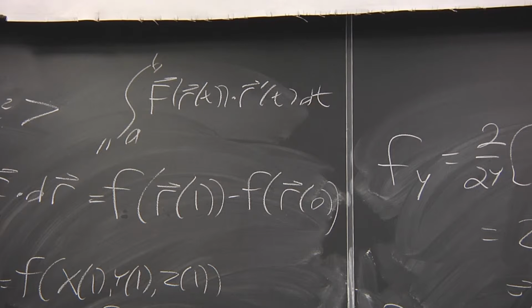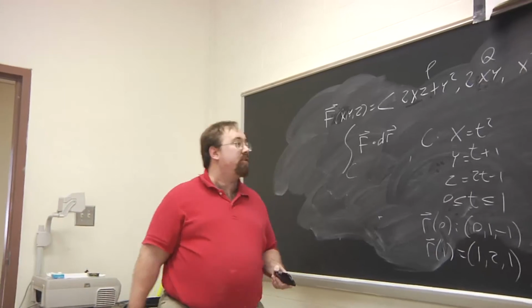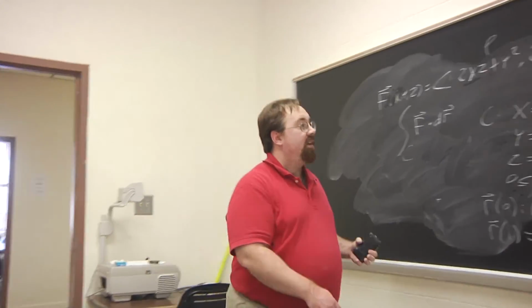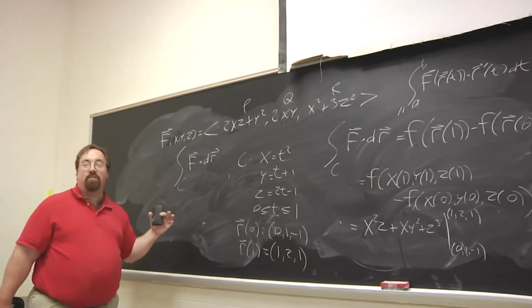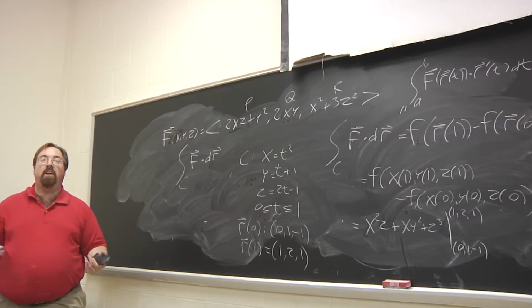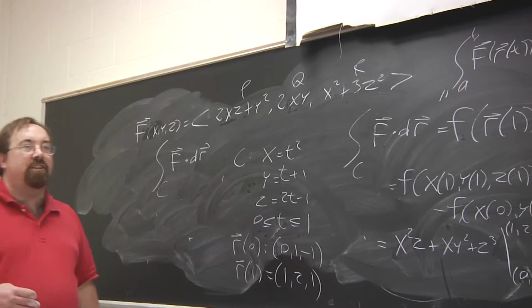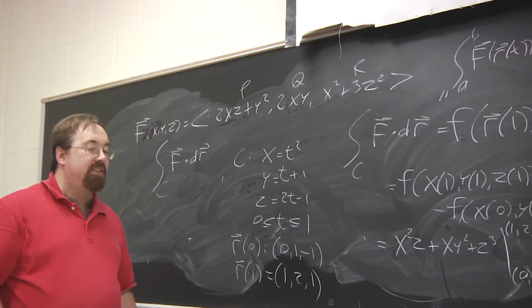Alrighty. So, questions about how you handle a conservative vector field? Given a vector field, if you don't know if it's conservative already, check to make sure that it is. Then anti-differentiate with respect to any variable you like to start. And remember, when you're anti-differentiating with respect to one variable, you have to tack on a function that depends on whatever variables you still have left.